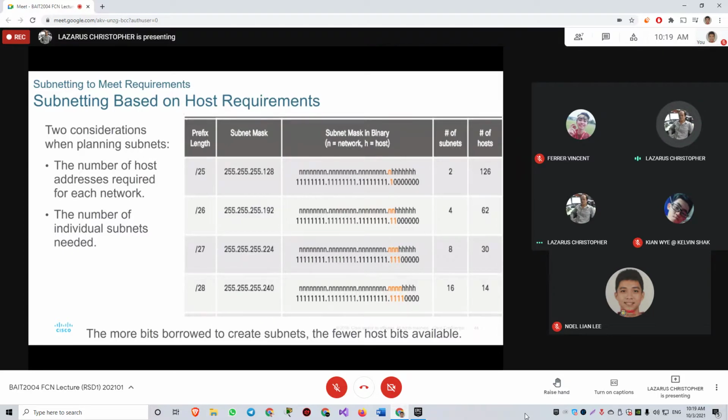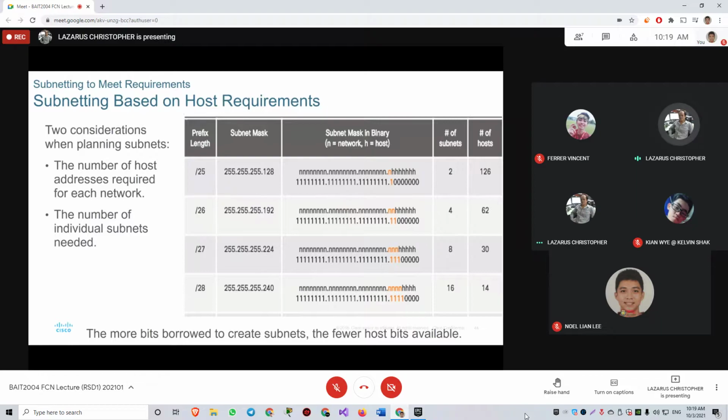If I create, let's say, 4 subnets, each subnet has a different prefix, which means each subnet will have a different number of hosts, so it can match more closely the number of hosts needed per subnet.